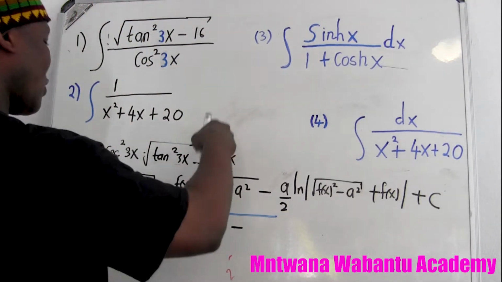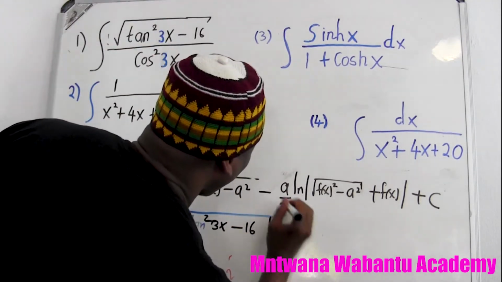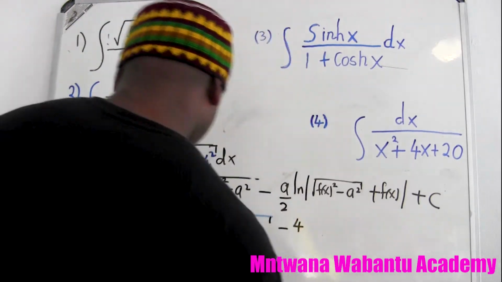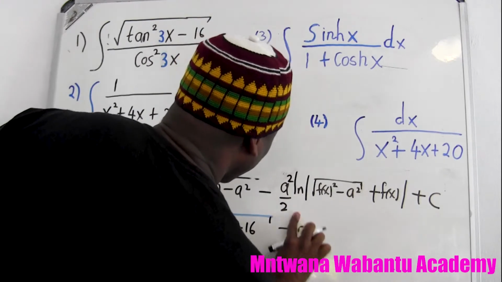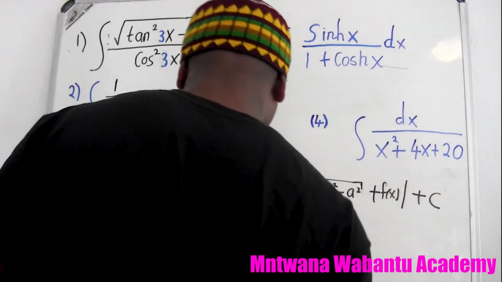A means 4, and a squared equals 16. So I can simply say 16, and then over my 2.